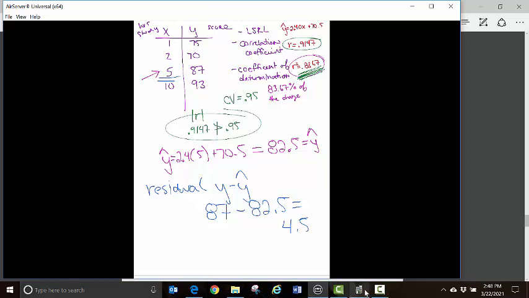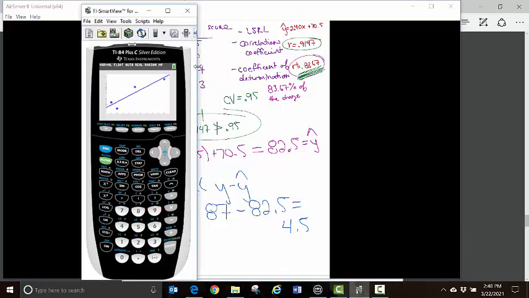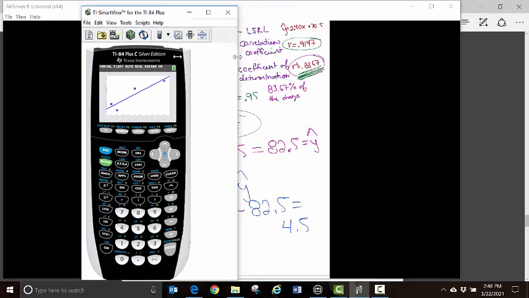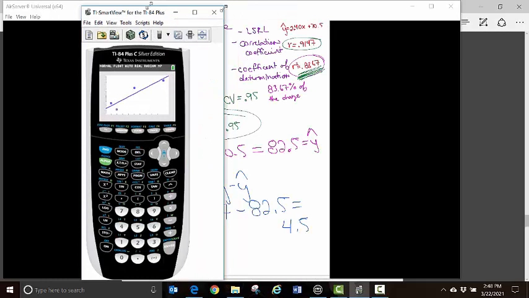Now, if we go back and look at the graph, this is the 5. It's saying the actual kid was 4.5 above the predicted kid. That's all that's saying.